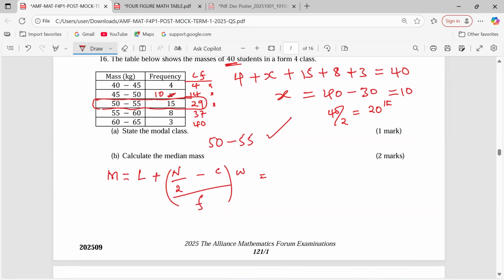So now we apply the median formula. Lower boundary: we take 50 plus the previous limit of 50, and we divide by 2, we get 50.